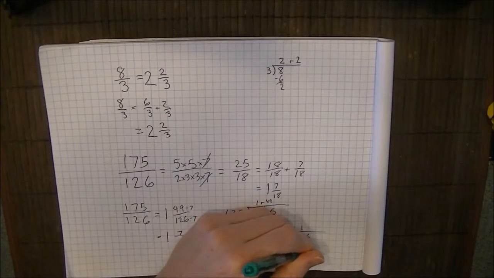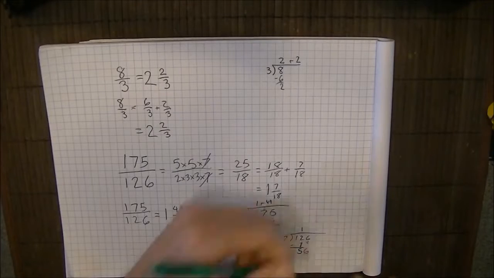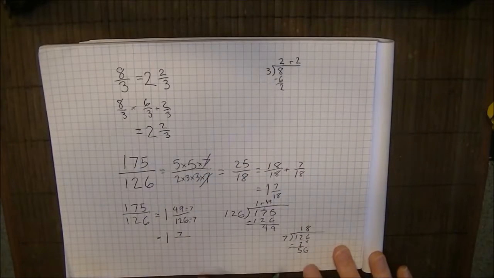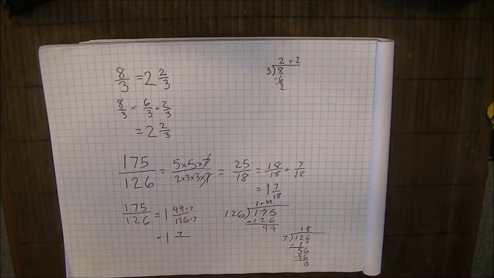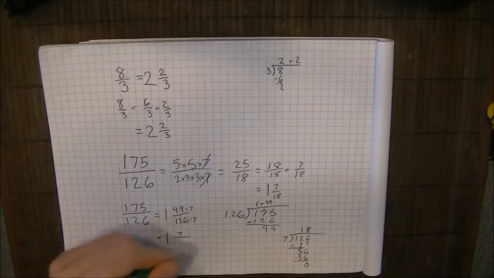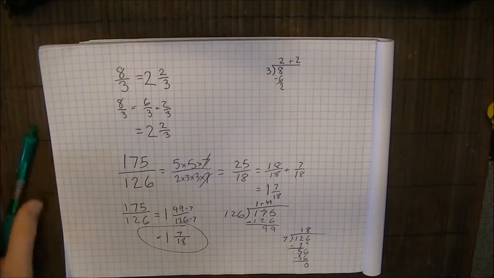And then bring down the 6. 7 goes into 56 exactly 8 times. 8 times 7 is exactly 56. So that gives me a remainder of 0, which is good because 7 does in fact go into 126. So my result there is 18, 1 and 7/18.